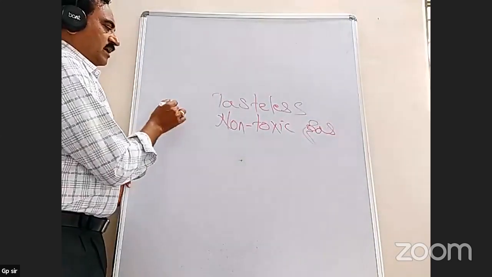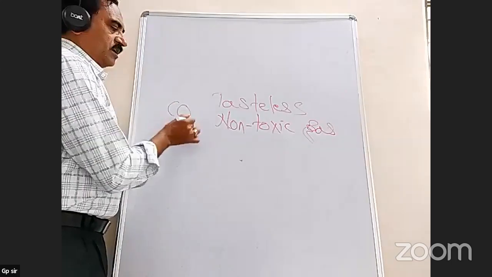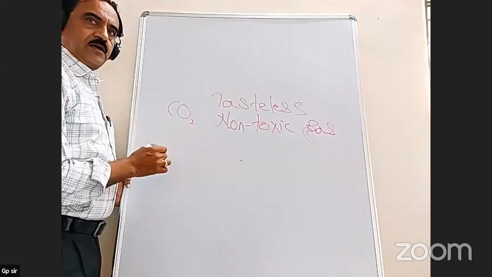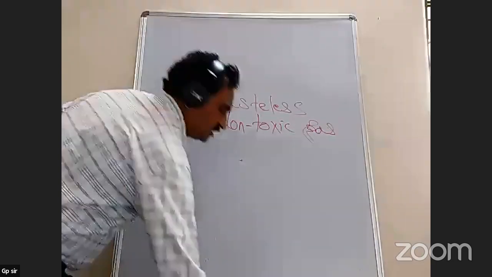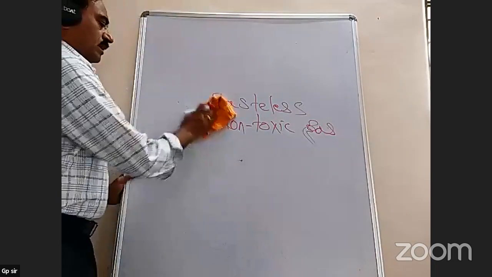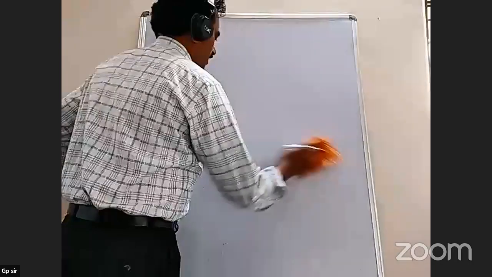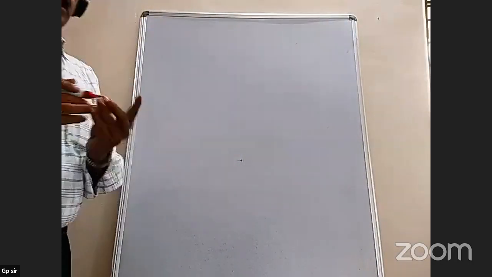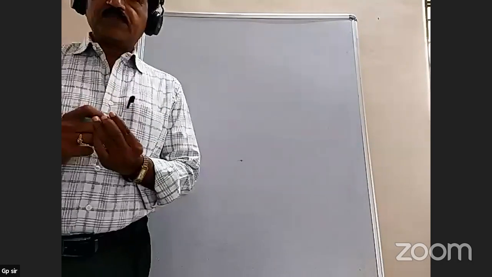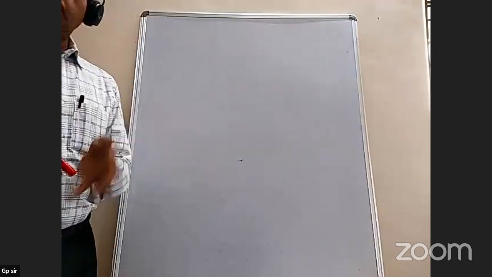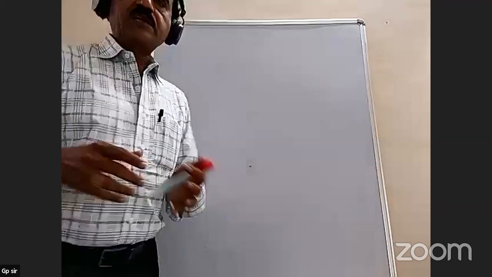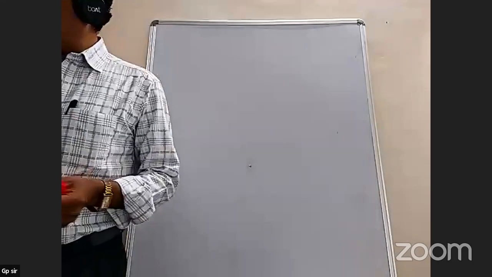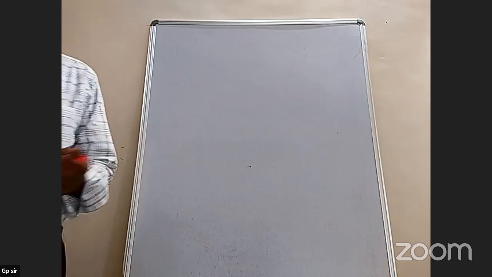So highly soluble like carbon dioxide, ammonia, and then oxygen, and then nitrogen. It is the least soluble gas. But under pressure, as pressure increases, solubility of gas in liquid increases. And its boiling point is 77 Kelvin.